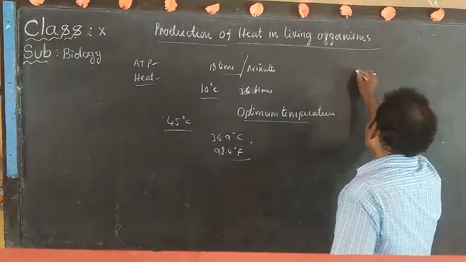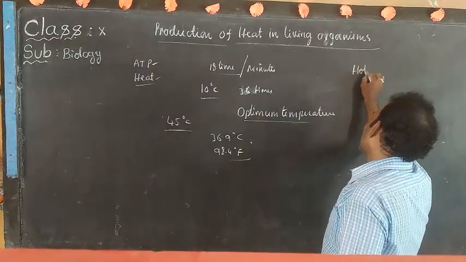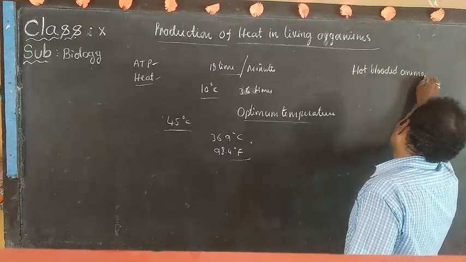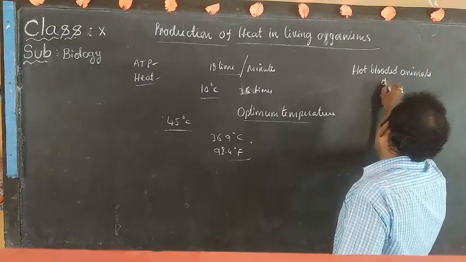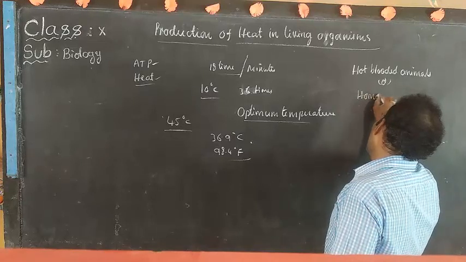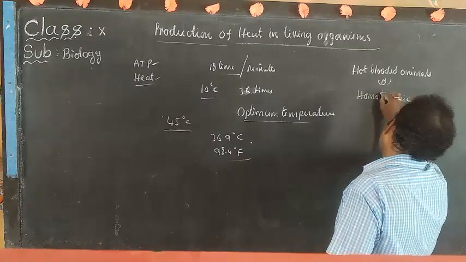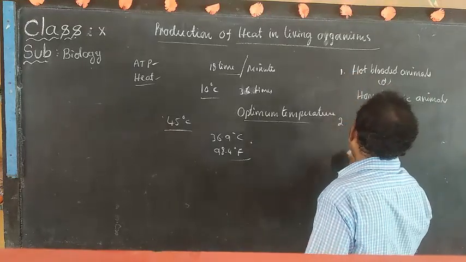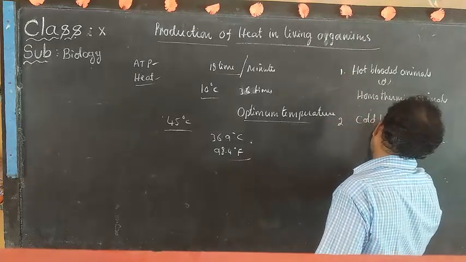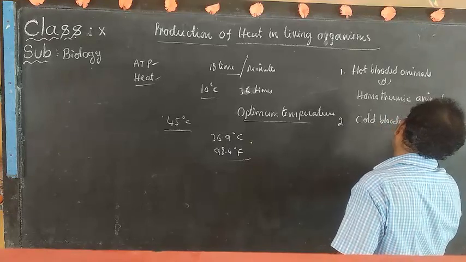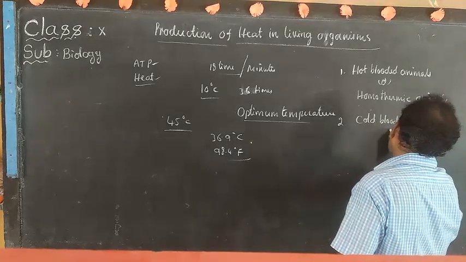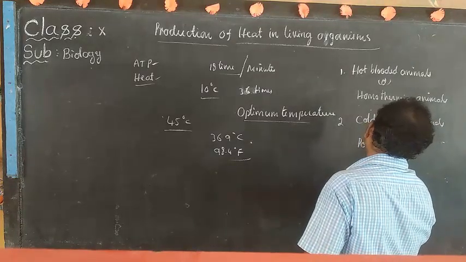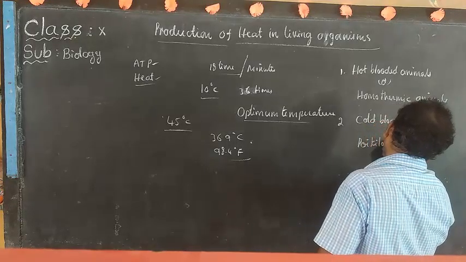They are hot-blooded animals, known as homothermic animals, and the second type, cold-blooded animals, known as poikilothermic animals.